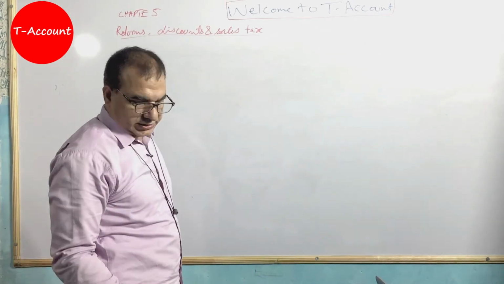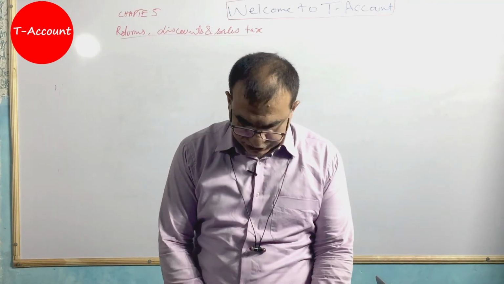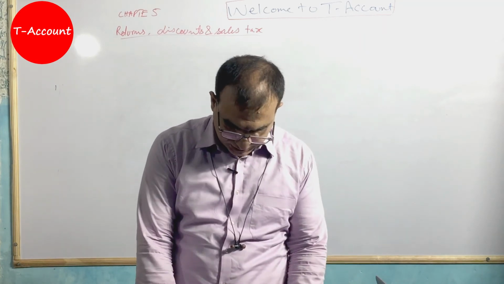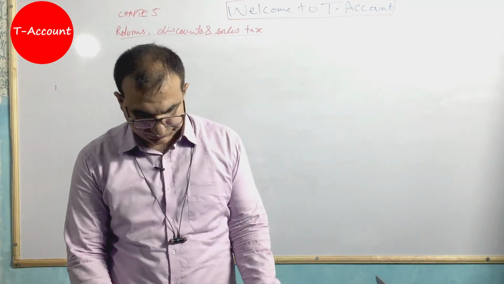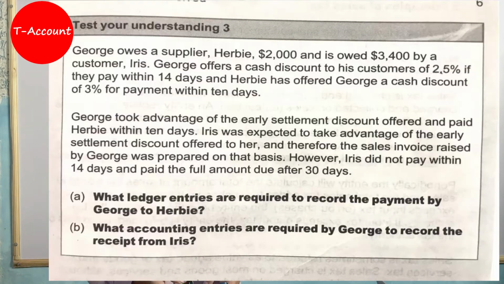This example is from chapter 5 on page 77. I have a screenshot here. I don't want to open that book again and again. Now, I'll read it for you.